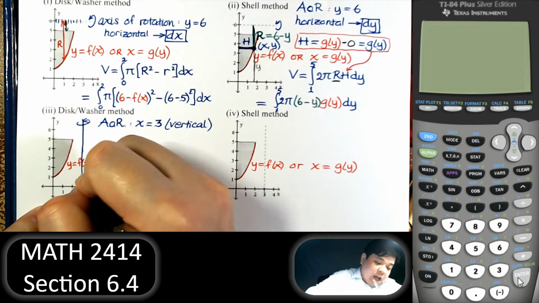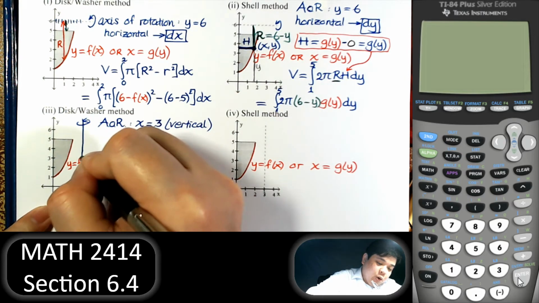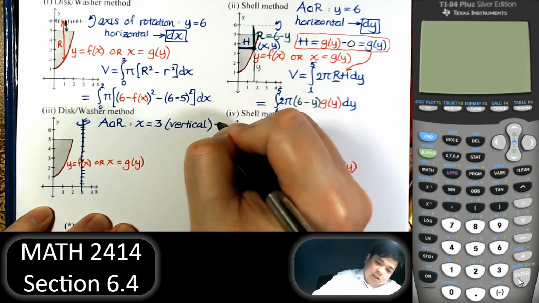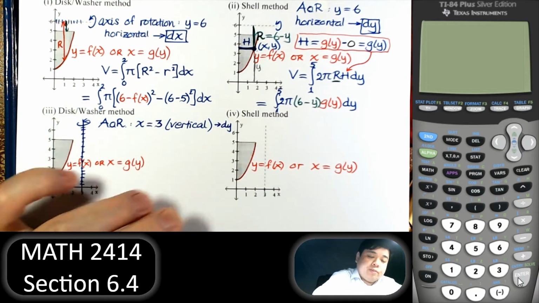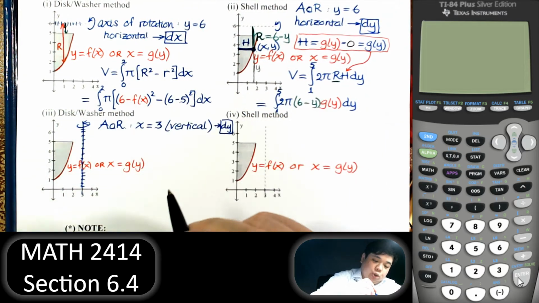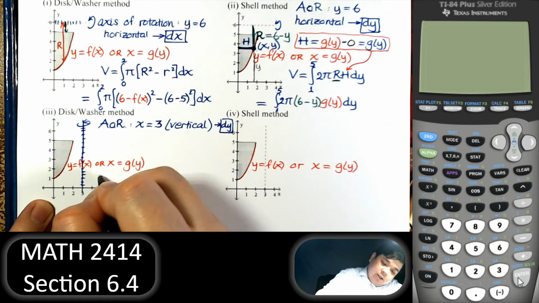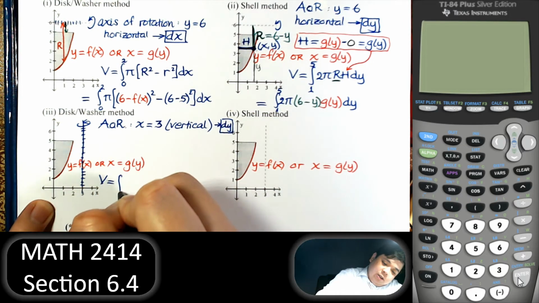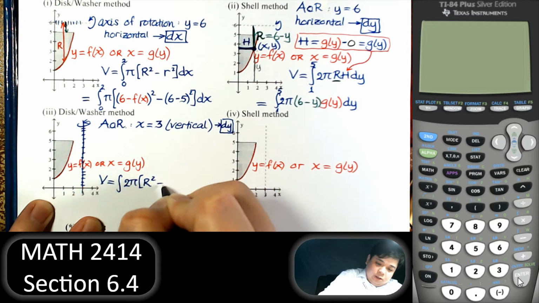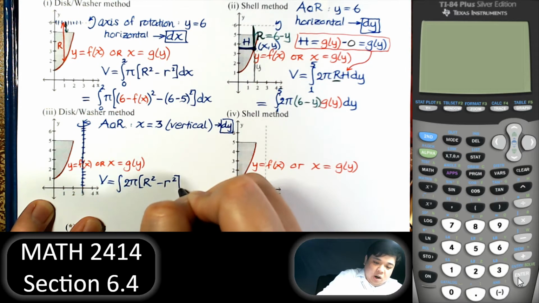We're going to slide the axis of rotation. So if we go by increment like that, of course this is going to be dy. So this is the washer method. We're going to use dy, and so this is the washer method, and we use dy.